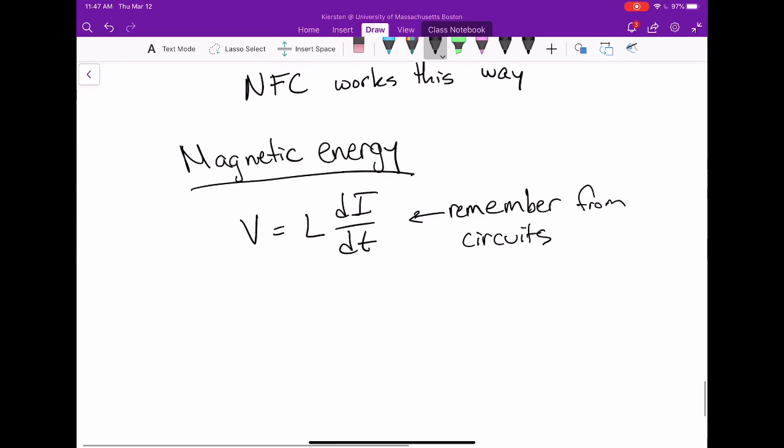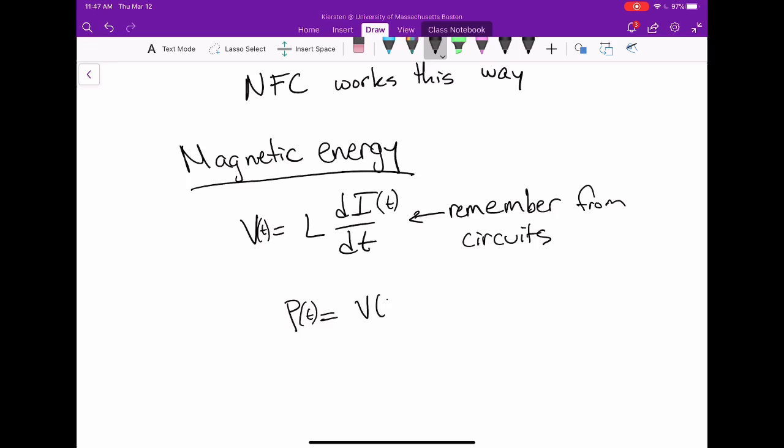And we're going to use that fact to find how much energy is stored in the magnetic field of an inductor. So the power is always in the time domain. So this is voltage as a function of time, current as a function of time, power also as a function of time now.